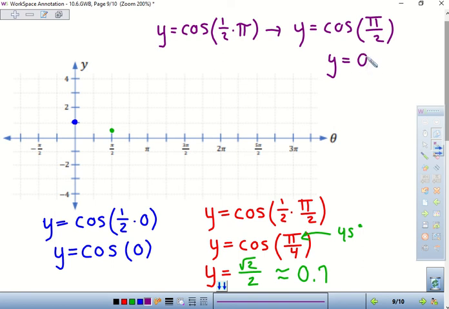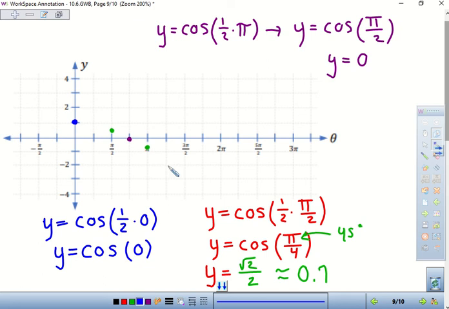It's 0. So this is at 0. So are you starting to see the pattern on this one a little bit? So this one's going to go down here and be at negative radical 2 over 2.